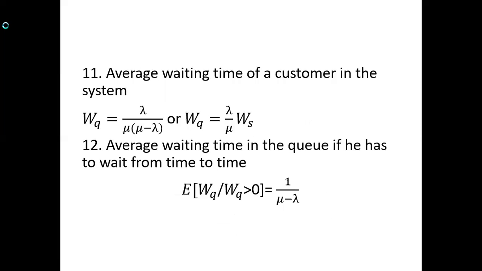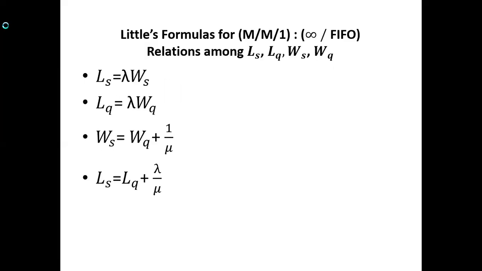The average waiting time of a customer in the queue, WQ, is lambda/(mu(mu minus lambda)), or WQ is represented as lambda/mu times WS. The average waiting time in the queue, if he has to wait, or the queue is getting formed from time to time, is the conditional expectation of WQ provided the queue exists and WQ is greater than 0, given by 1/(mu minus lambda).